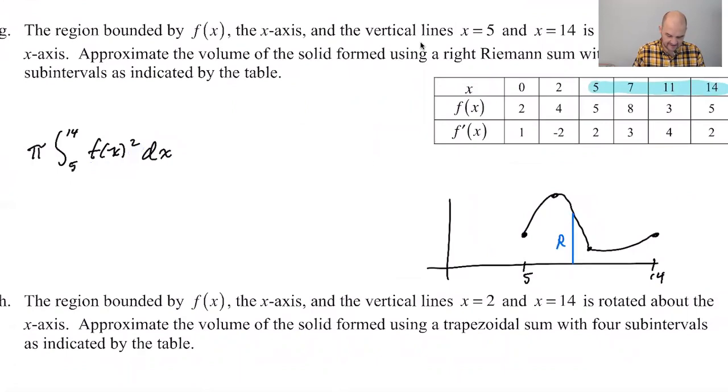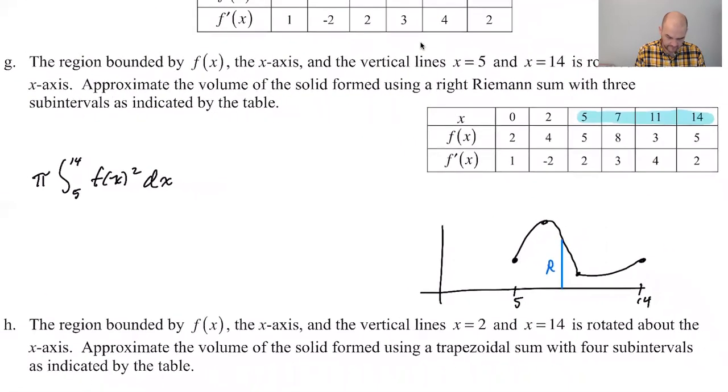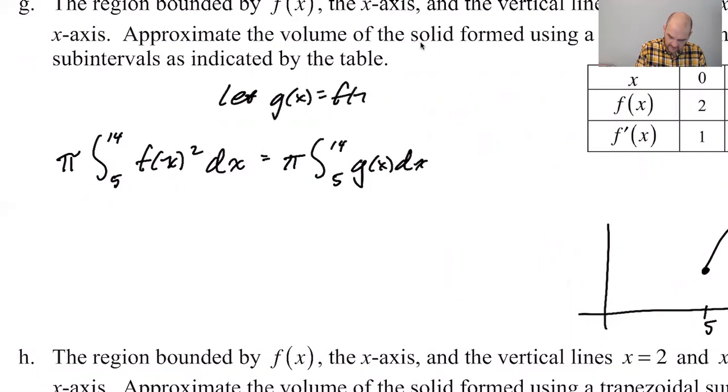I think the easiest thing to do, we want to approximate this with what Riemann sum? A right Riemann sum. So I'm going to say this is exactly equal to pi, the integral from 5 to 14 of g of x dx, where we let g of x equal f of x squared. Why would I do this?